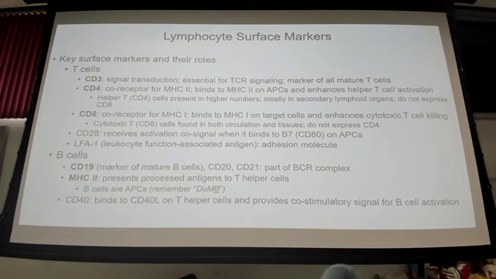It binds to another important marker on antigen-presenting cells called CD80, or more commonly B7. And some of these surface markers are also important for adhesion, like LFA1, leukocyte function associated antigen. LFA1 is super important. Those are some of the key surface markers for lymphocytes.